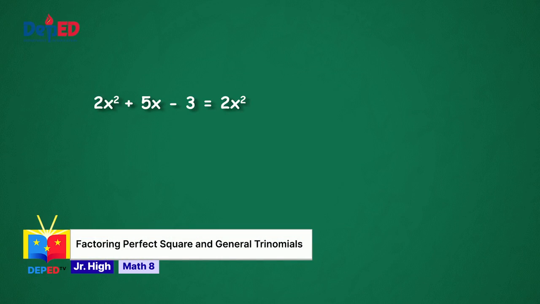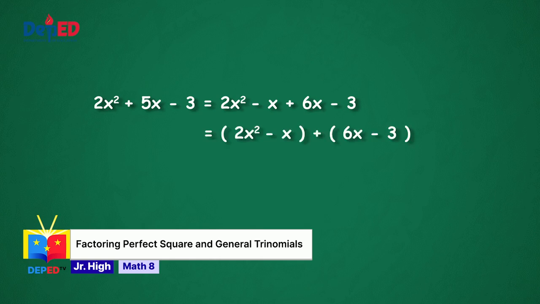Now, we can write the given polynomial as 2x squared minus x plus 6x minus 3. We factor them by grouping. What are the common factors in each group? The factors are x and 3 respectively.